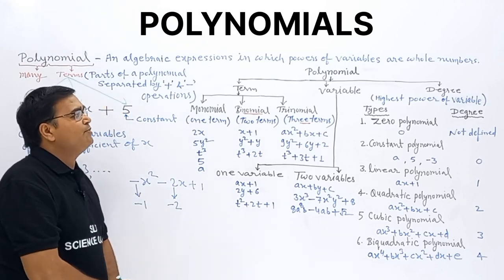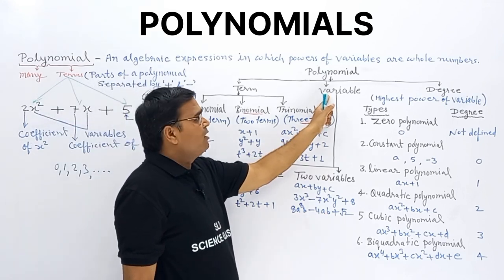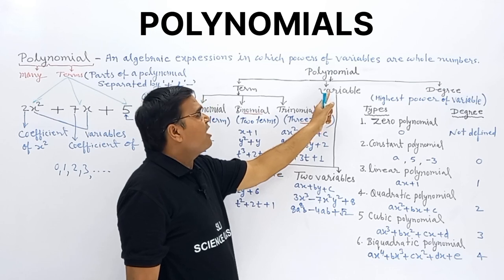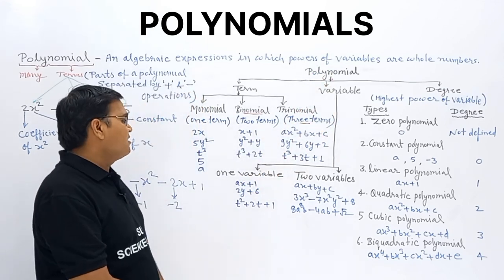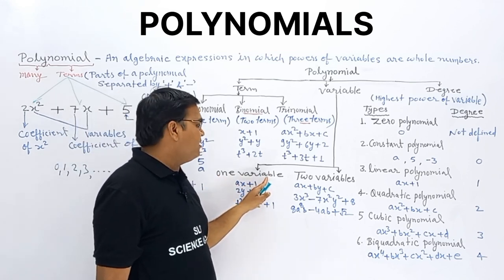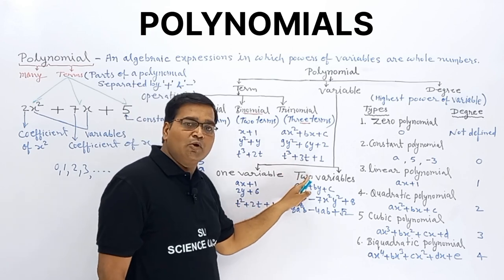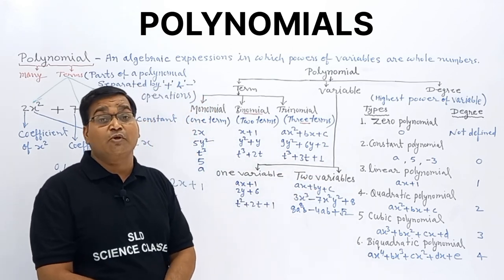Now second type is on the basis of variables. On the basis of the variables, how do we classify polynomials? Polynomials are classified in the following ways: one variable polynomial, two variable polynomial, and next, three variable polynomial is also possible.